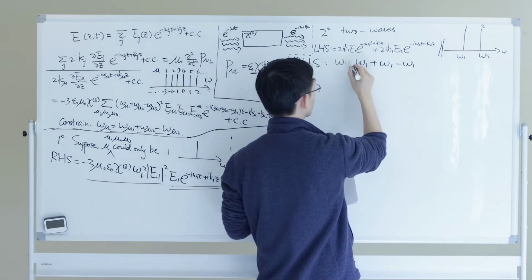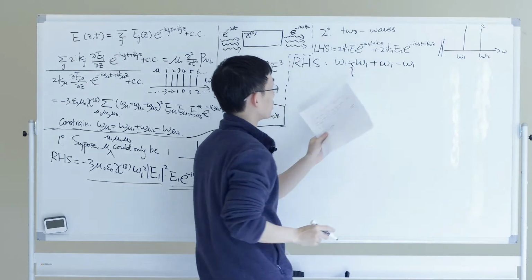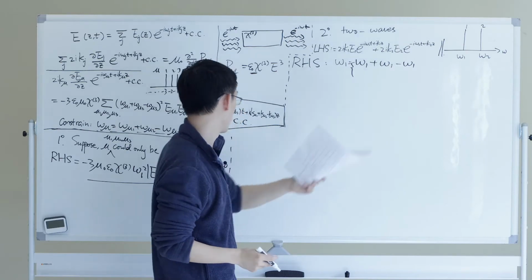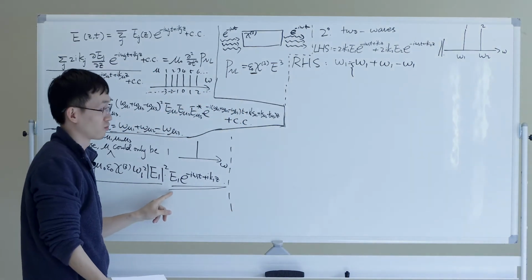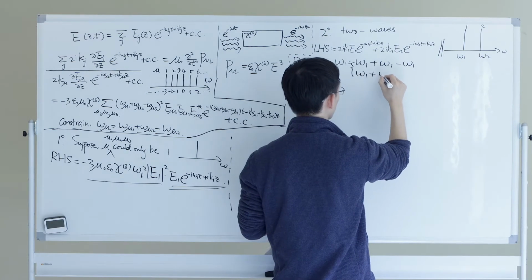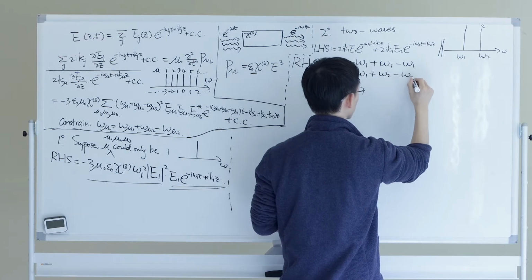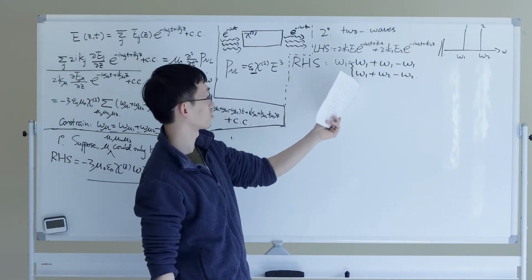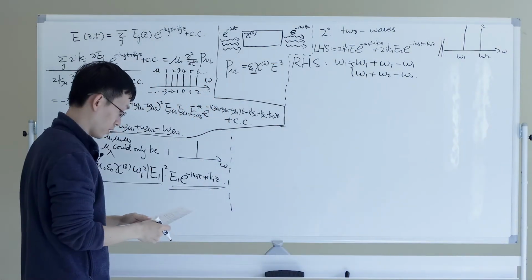So this one is equal to omega 1, and you can imagine three waves are the same. The other one is omega 1 plus omega 2 minus omega 2. Then these two omega 2 cancel each other and you're still left with omega 1.